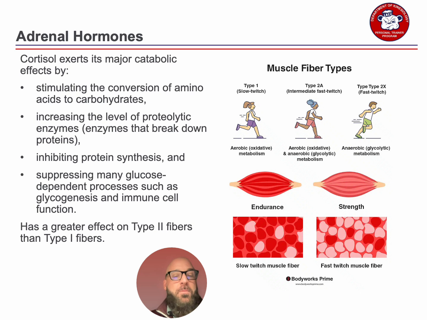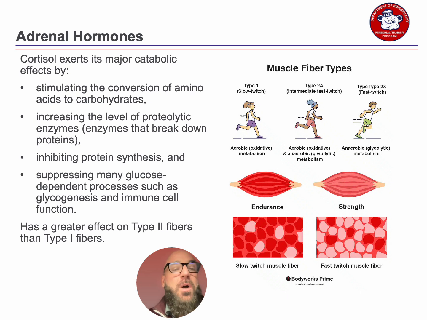So adrenal hormones, the adrenal system, including adrenaline. Cortisol exerts its major catabolic muscle building effects by stimulating the conversion of amino acids to carbohydrates. So when we sometimes need protein for energy, like we were talking about in bioenergetics, cortisol is going to be responsible for that. That's the hormone that signals to do that.